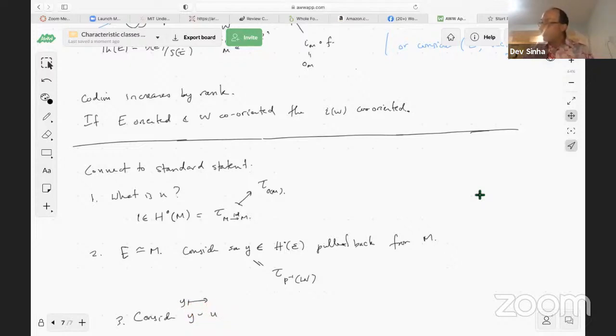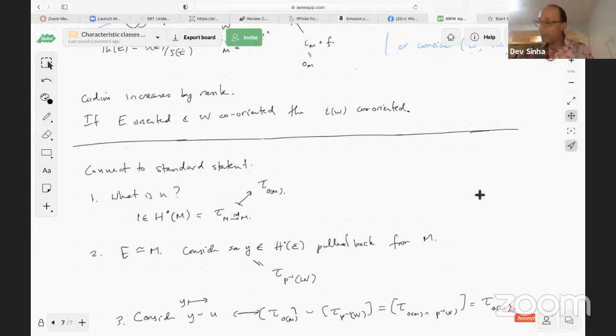Well, geometrically, we now have the Thom class of the zero section, cup the Thom class of the preimage of W. Well, we've said that that's the Thom class of the zero section intersect the preimage of W. But that's just the Thom class of 0 of W.